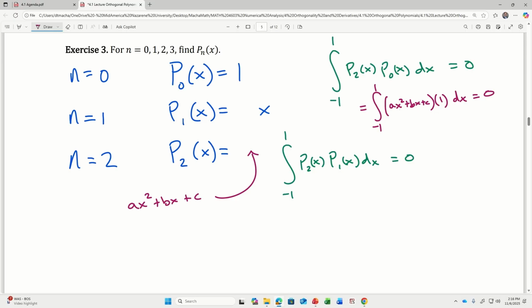Does it have to be odd? If the integrand is odd, it definitely makes the integral 0, right? But actually the converse isn't necessarily true. You could still have this integral be equal to 0 even if the integrand is not odd. So I was jumping ahead of myself a little bit. Let's work it out.